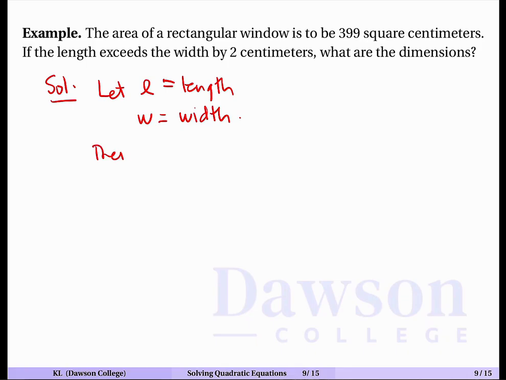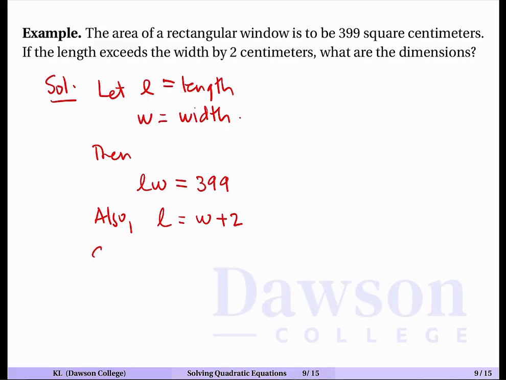Then length times W, the area has to be 399, and the area is length times width. But it said that the length exceeds the width by 2 centimeters. So L is equal to W plus 2, because the length exceeds the width by 2 centimeters.